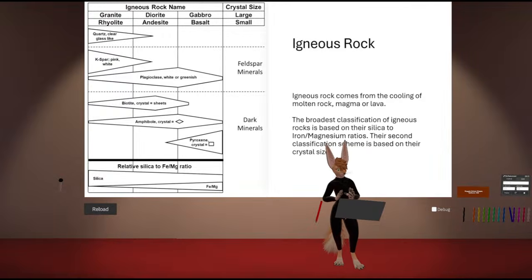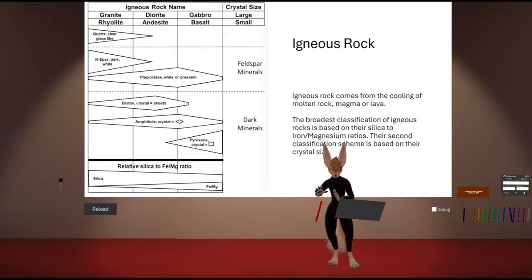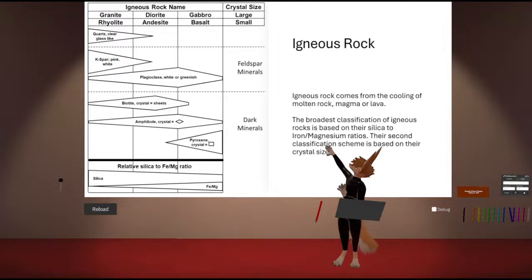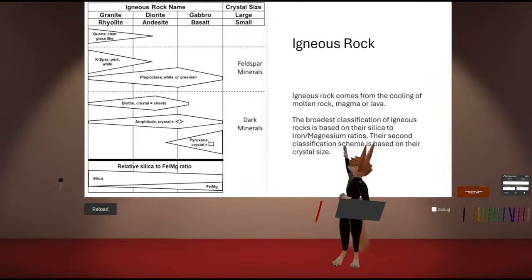So there's two mnemonics to help us out, keeping the important classifications of igneous rocks in mind when we look at igneous rocks later in the lecture. The first one is granny-dyed gabbing. And this is for our big crystal igneous rocks, large crystal size right there. And it stands for granite, diorite, gabbro, from left to right.